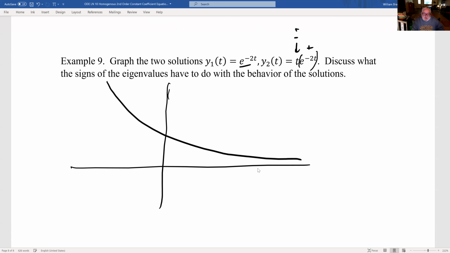The t changes sign. So when t equals 0, y2 is equal to 0. But when t is negative, y2 is also negative. And the e to the minus 2t makes it really big. But the e to the minus 2t is going to drive it all down to 0. So this is what the second function looks like.